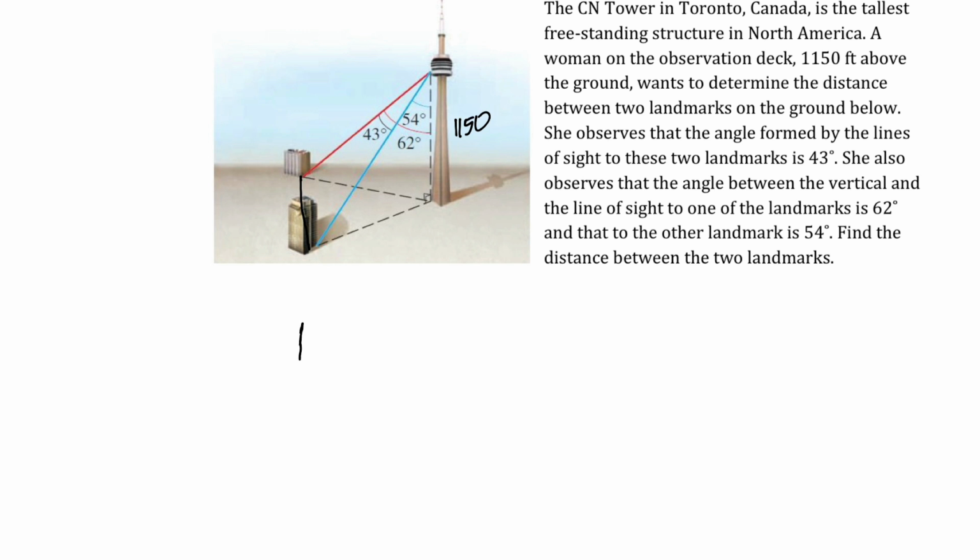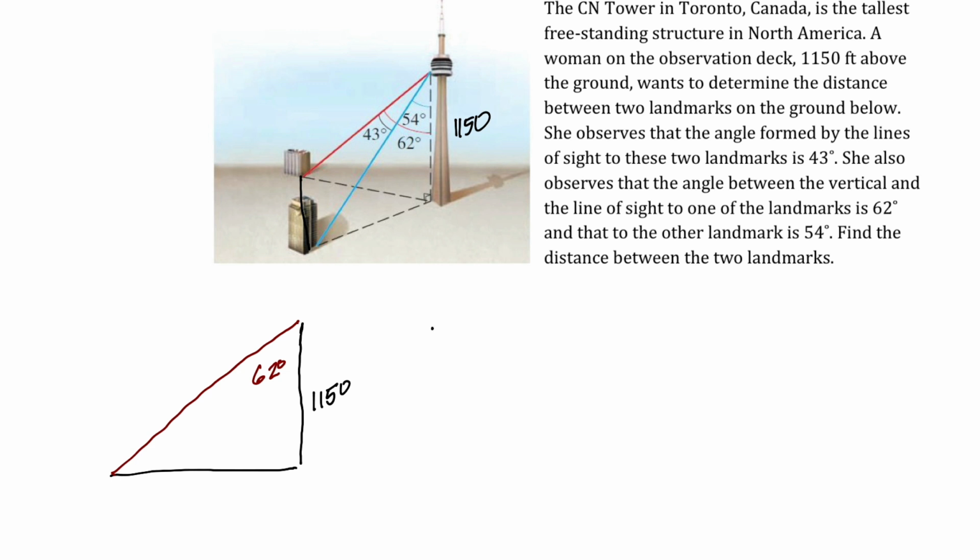So 1,150 feet, and there's a distance here that we don't know. But we do know, I'm going to color coordinate here, that this angle is, not 43, I'm looking at the picture wrong, is 62 degrees. Then there's another triangle.